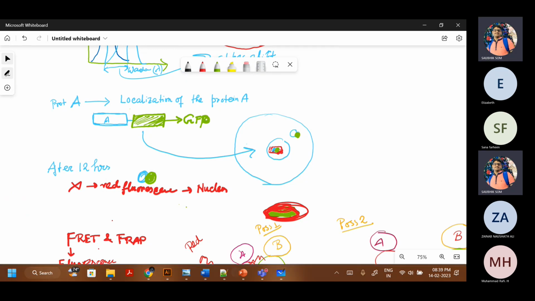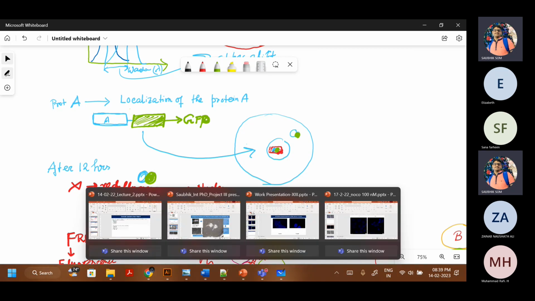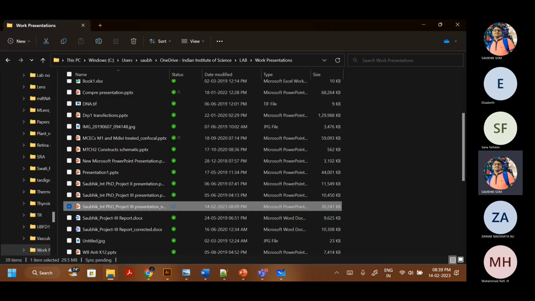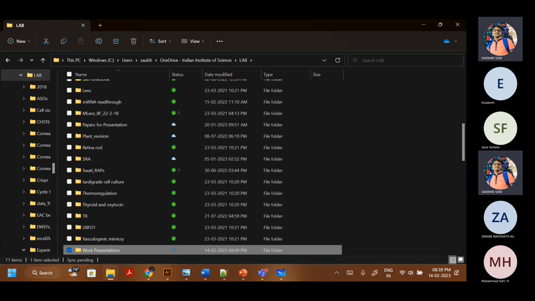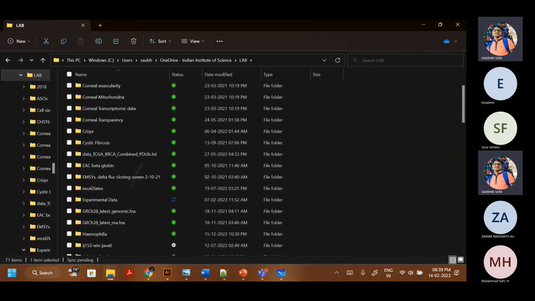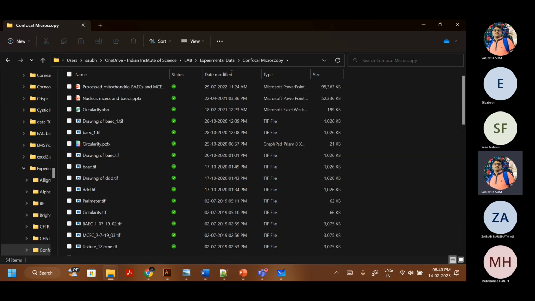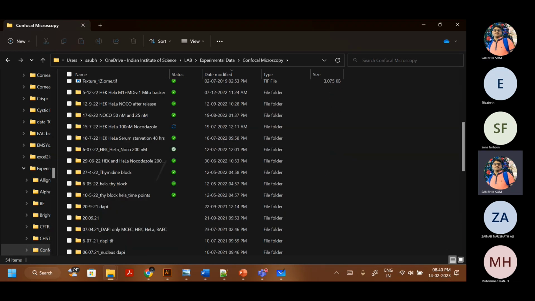People very much do fluorescence tagging. I can show you one beautiful picture, if I get that.